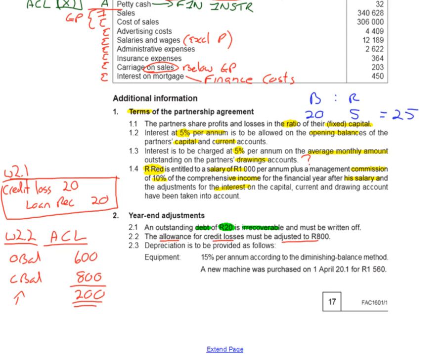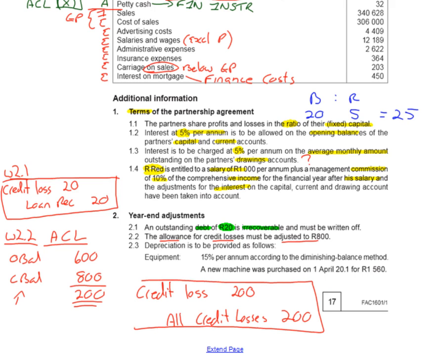It's a sub-account. So let's just think about that. I will debit the credit loss expense 200, and I will then credit my allowance for credit losses, which is a debtor sub-account, and debtors get smaller on the credit side. Okay, so that's working 2.2.